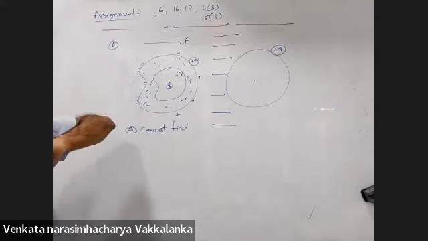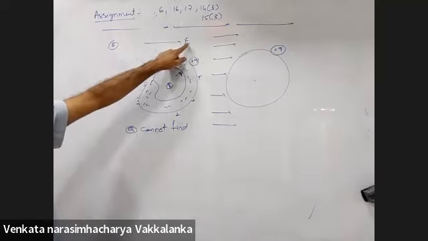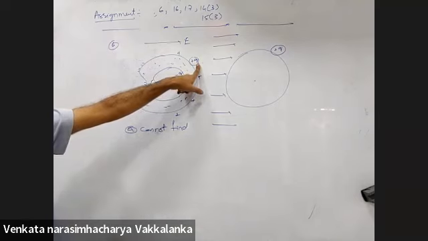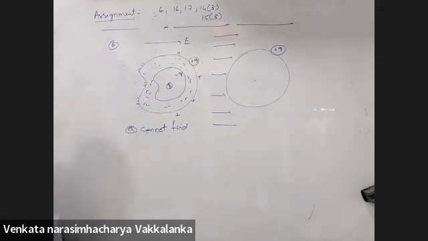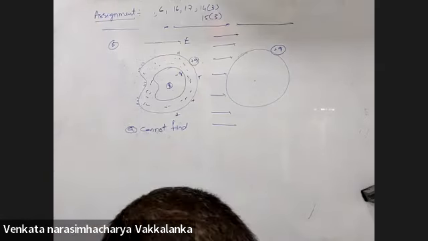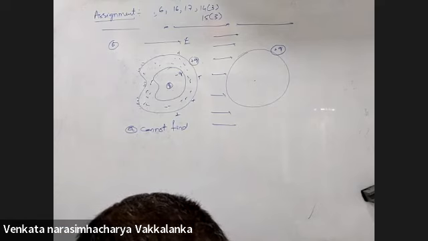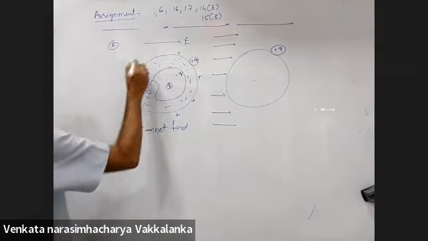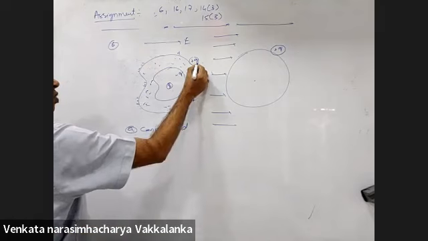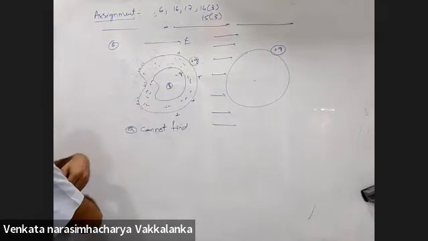Due to this electric field, force on the induced charge will be 0, because whatever may be the charge distribution, net charge of this will be only Q, negative and positive.